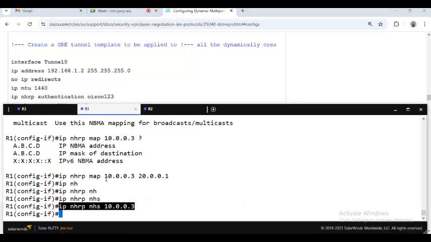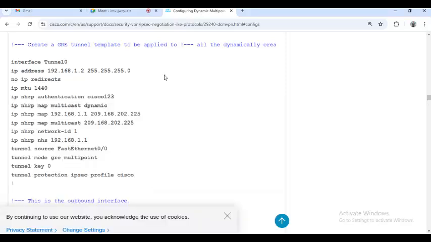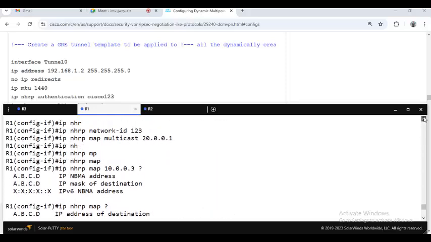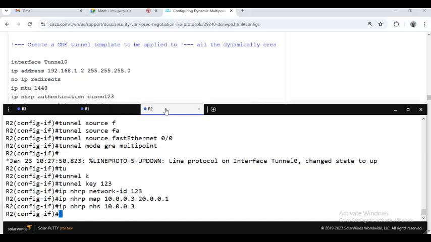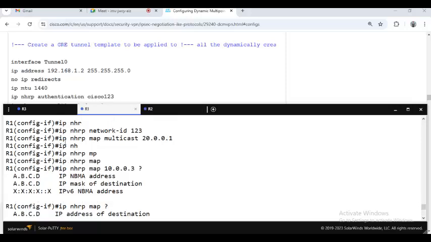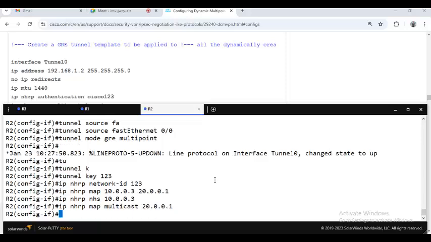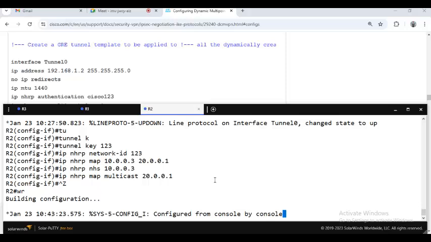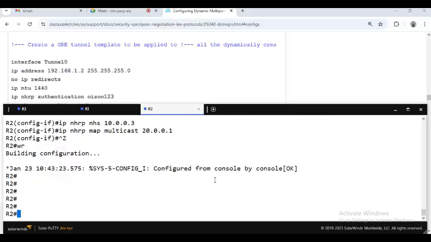R2. Okay. Let's quickly verify whether all the commands are present. Show run, interface tunnel 0. Okay, 4 NHRP commands are there. Whereas in the hub, you will have only 3 NHRP commands. Show run, interface tunnel 0.